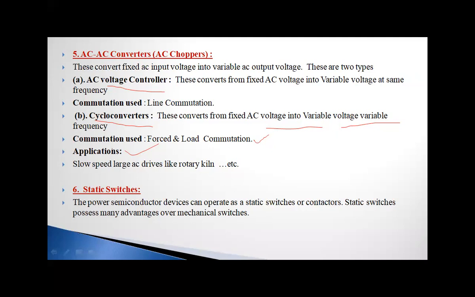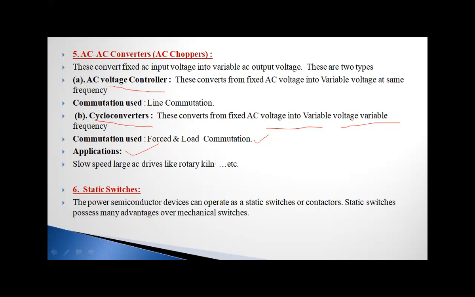Okay. Next, static switches. Can anyone tell about the static switches?